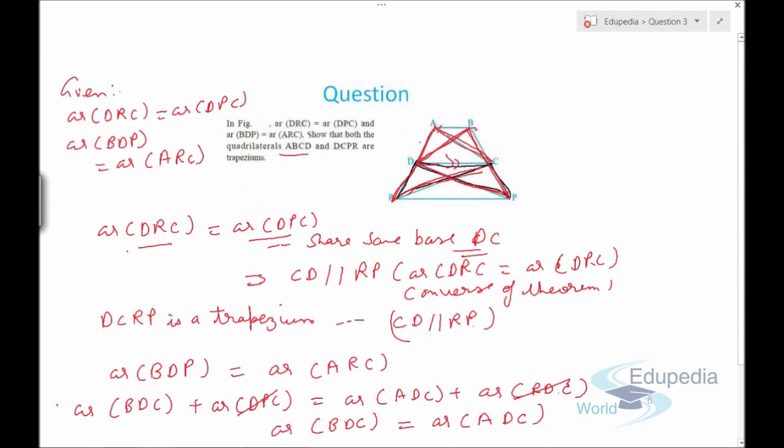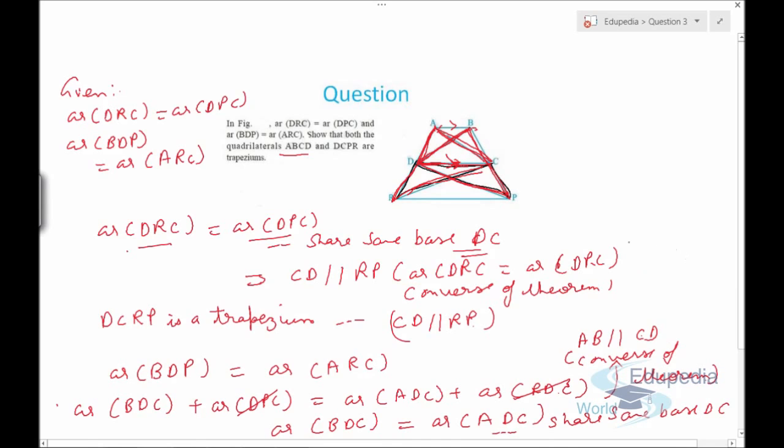Again, these two areas are equal, so area of BDC and area of ADC, again they share the same base DC, and now if they share the same base and the areas are equal, this means that AB should be parallel to DC, so we can write AB should be parallel to CD. So why? Again because the areas are equal, or we can say by converse of theorem, right?